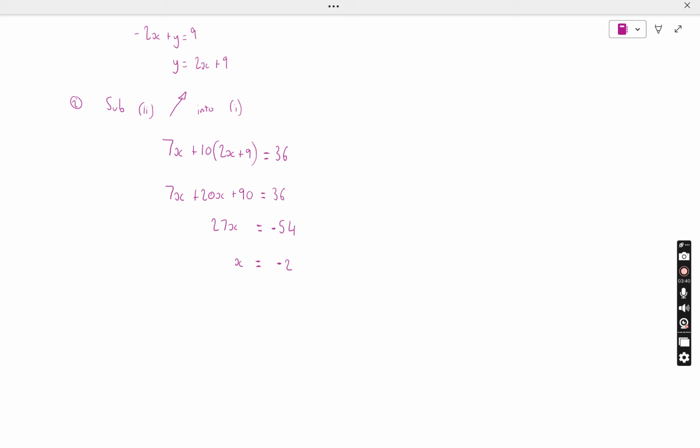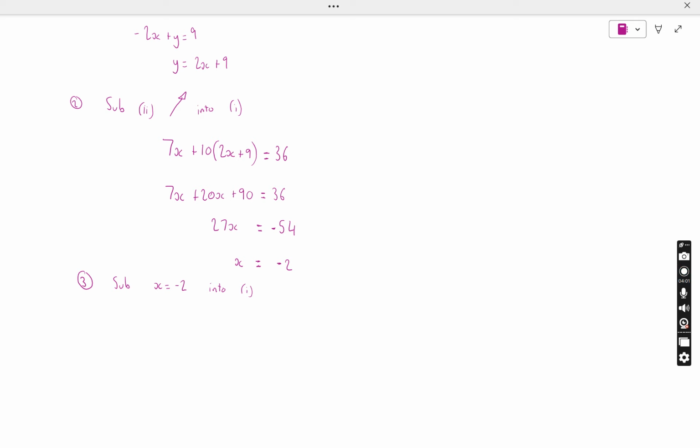Okay, we're about halfway done. Third step, we're going to sub x equals negative 2 into equation 1. And I'm choosing equation 1 again because in the second step I substituted everything into equation 1.